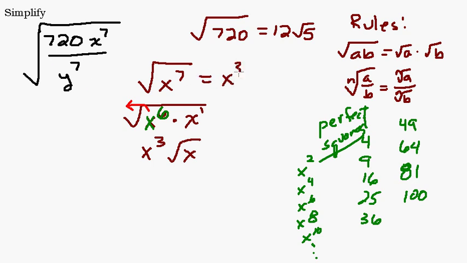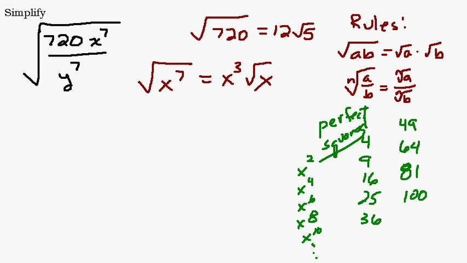Okay, so this is x to the 3rd square root x. And similarly, the square root of y to the 7th would be the square root of y to the 6th times y, which is y to the 3rd square root y.